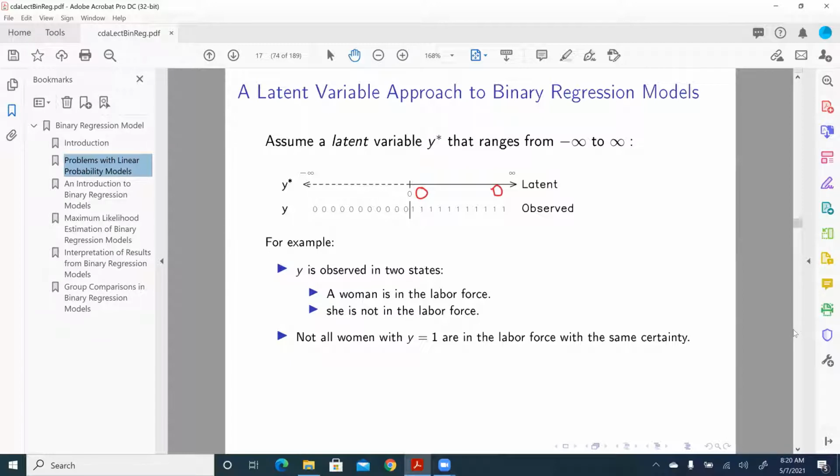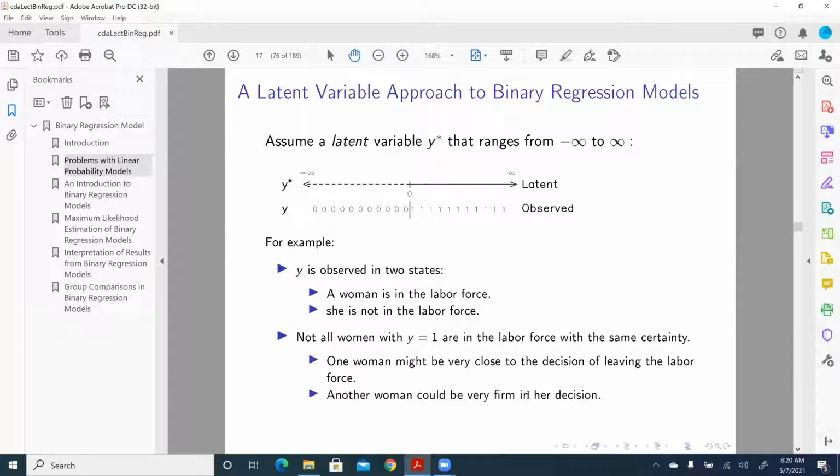That is, she could become inactive in the labor force or not participate in the labor force. So one woman might be very close to the decision of leaving the labor force. Another woman could be very firm in her decision. That's exactly what I was talking about.